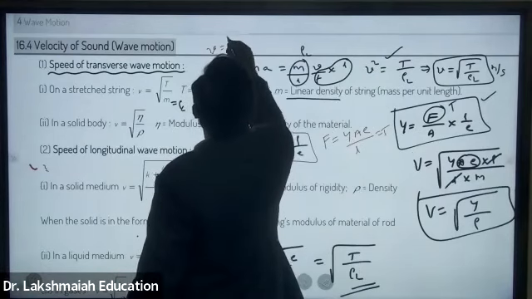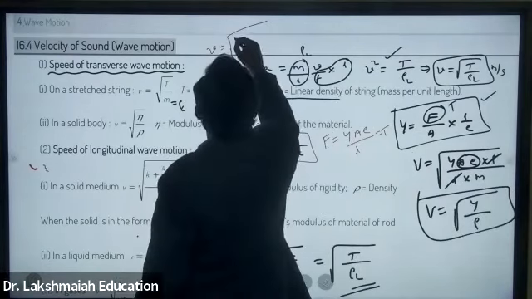Okay, see, Y is equal to F by A into L by e. From this, F is equal to Y A e by L. F is nothing but tension T. So velocity V is equal to root over T, which you write like this: Y A e by L into mass, that is linear density, mass per unit length.